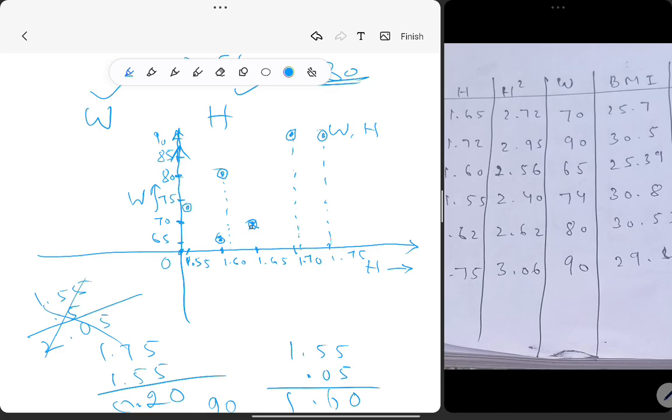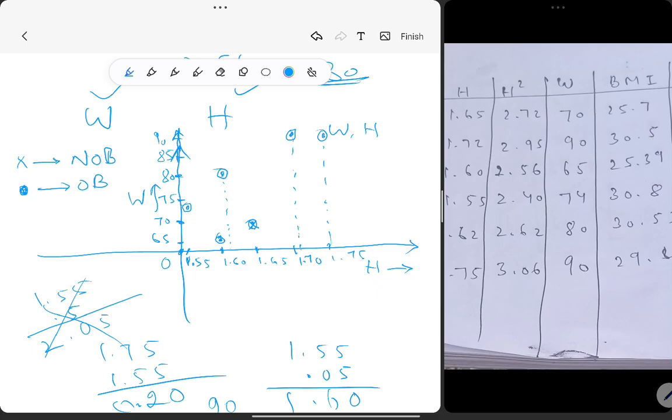So I put a cross here. Remember this thing: cross means non-obese, and circle or dot will mean obese. Right. Now here is a person who is non-obese. Then the second person with height of 1.72 has a body mass index of 30.5.